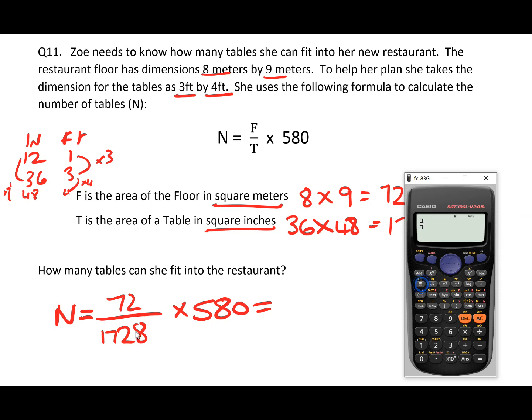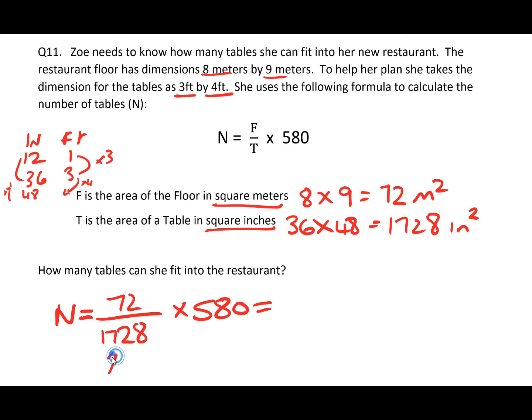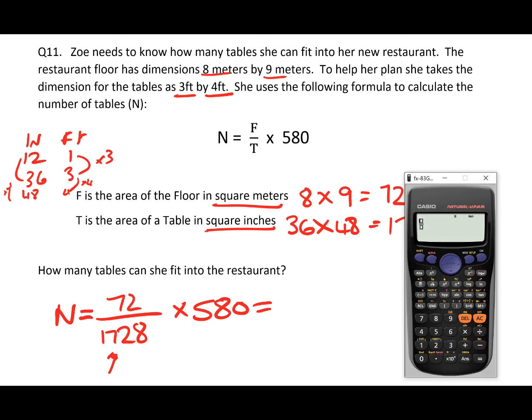So use the fraction button because this looks like a fraction. So we have 72, rocker down over 1728, move it to the right, multiply it by 580 and press equals.